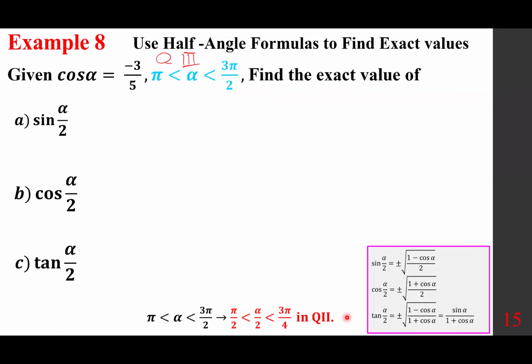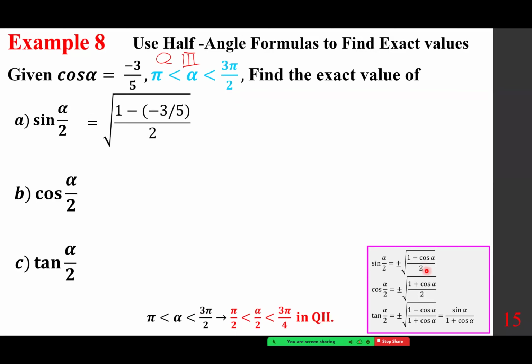So sine is the square root of 1 minus cosine alpha over 2, we have used it, and sine is positive. 1 minus this number makes it plus. So 1 and 3 over 5 is 8 over 5, everybody. Divided by 2 is 4 over 5.